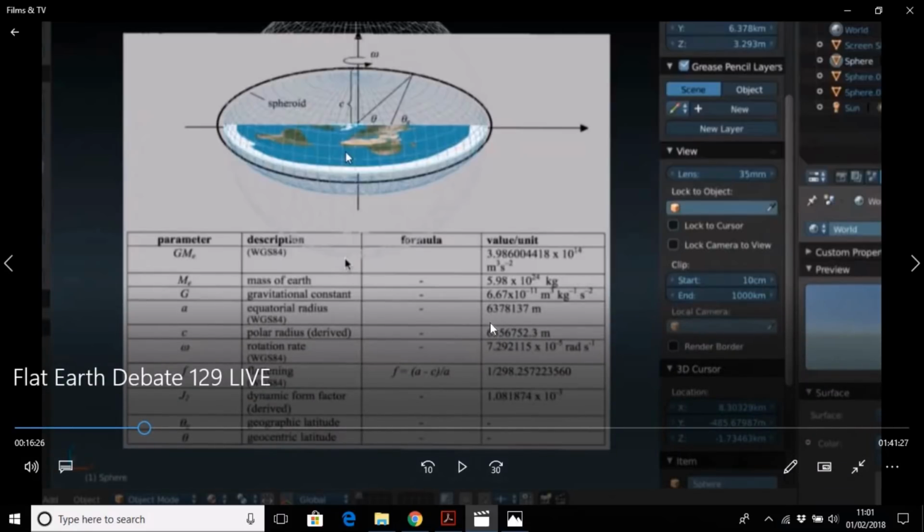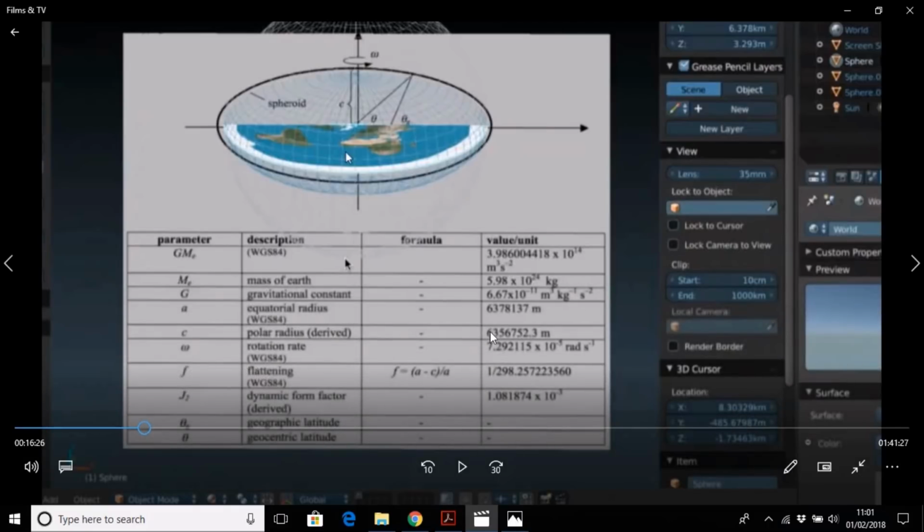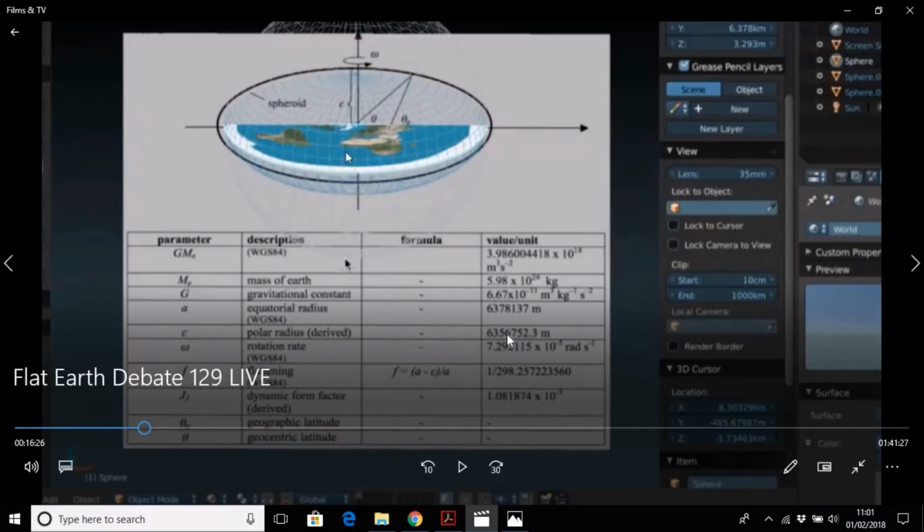The fact that it's got two different radii means it must be an ellipsoid, and it's an ellipsoid that is very, very nearly spherical and has a radius of 6,356 to 6,378 kilometers. It's a pretty big object.